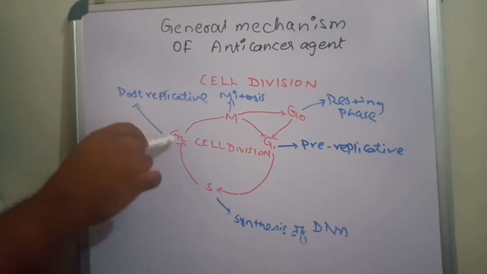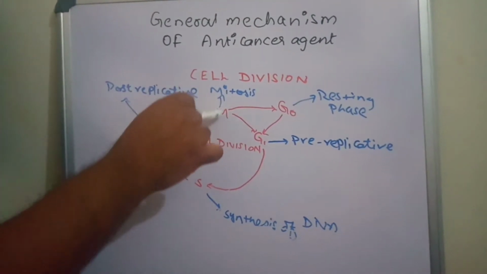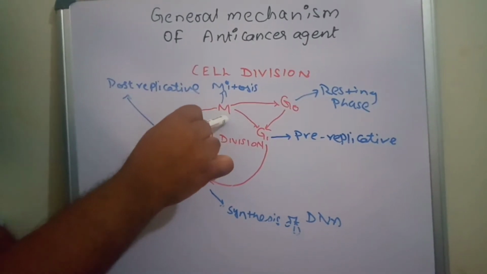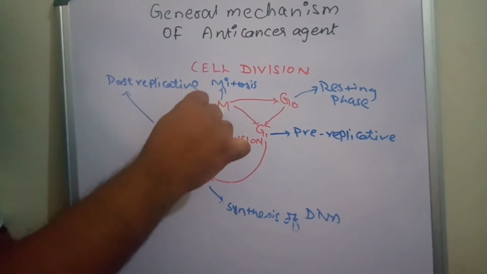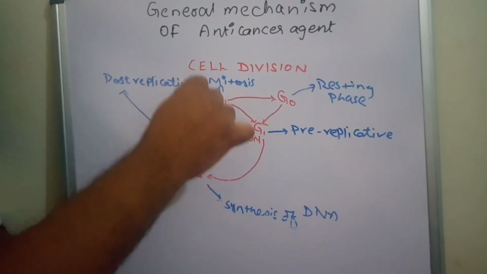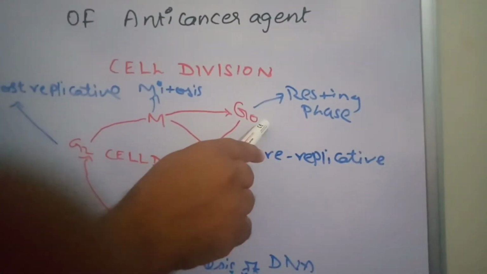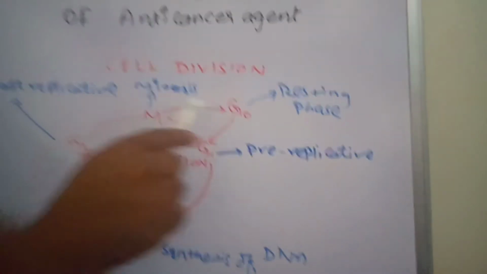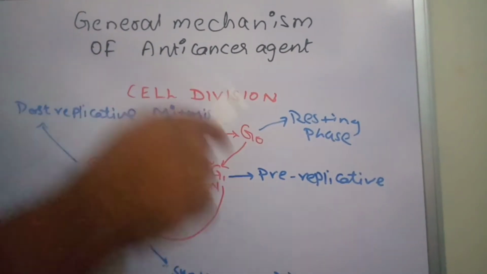M means mitosis, during which cell division takes place. And G0 is the resting phase. So from mitosis to the resting phase, and from the resting phase, the pre-replicative phase starts again and the cycle continues.